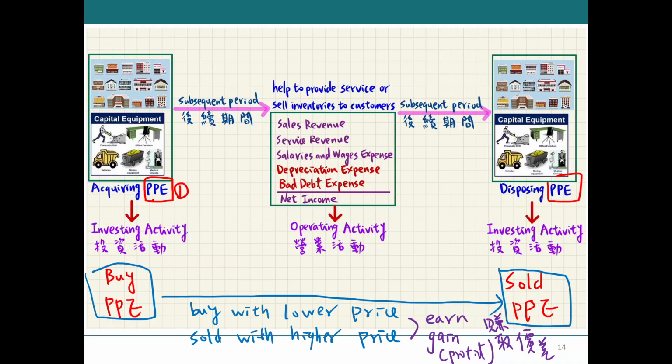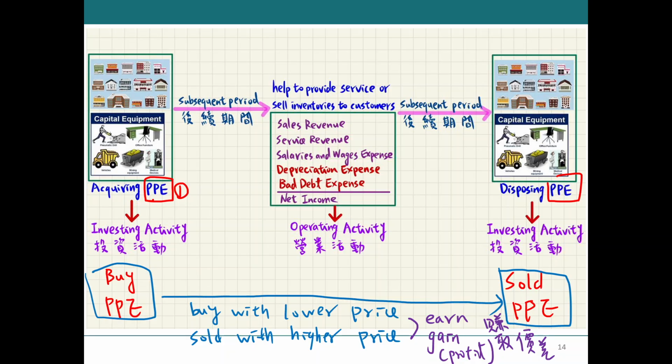Okay, so for PPE, chapter 10, we've mentioned what's our purpose for PPE? We buy it, we are going to use it to help us do what? Operating activities, right? So in the middle, when you use the PPE, you use it to help us do the operating activities, right?